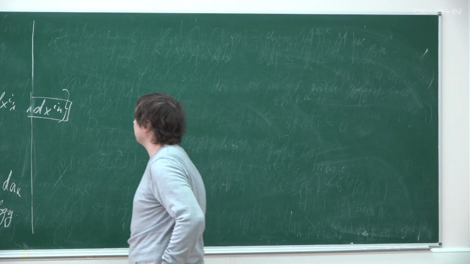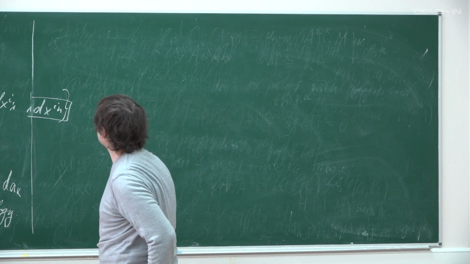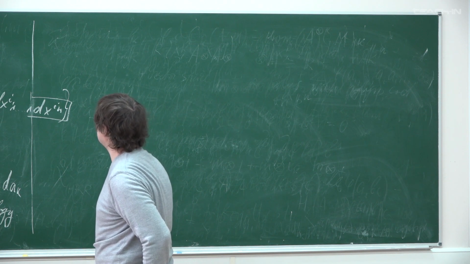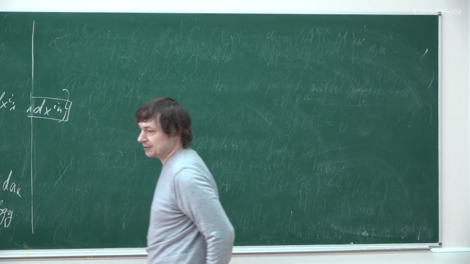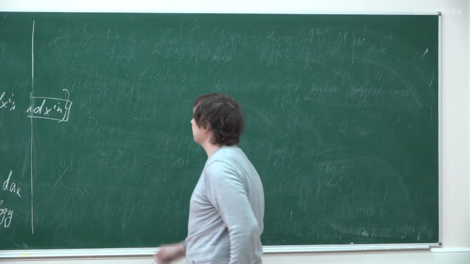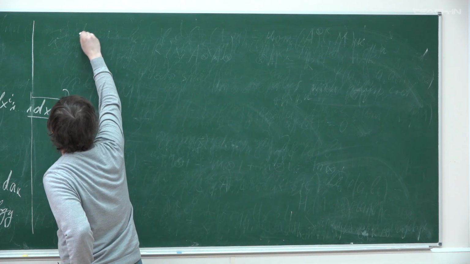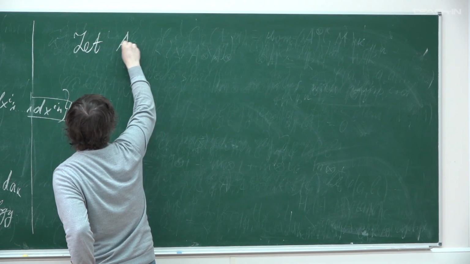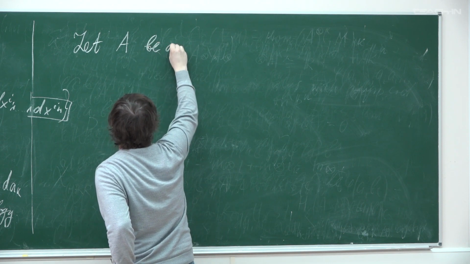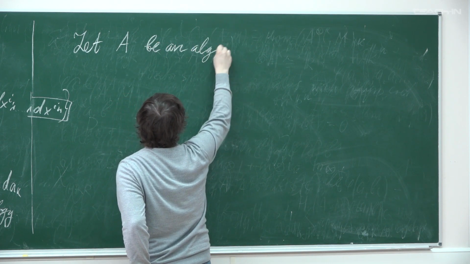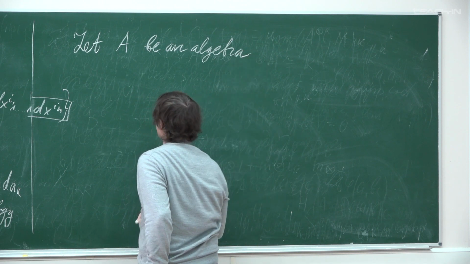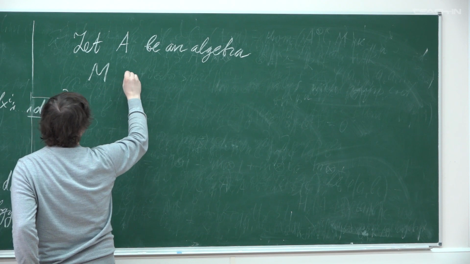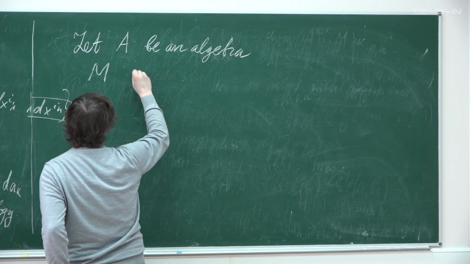So let me make a digression about the general homology and cohomology theory of rings and algebras. Let A be an algebra, M a right A-module.